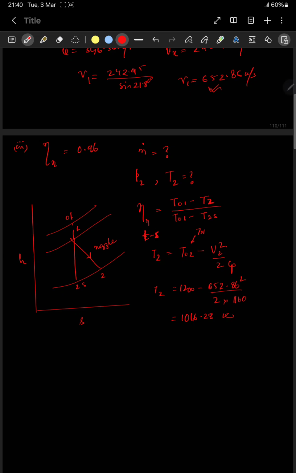I will find out T2s from here. So we can find out T2s. 0.96 is equal to 1200 minus 1016.28 divided by 1200 minus T2s.